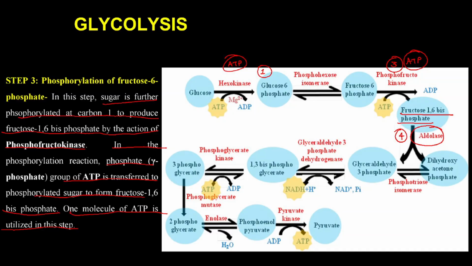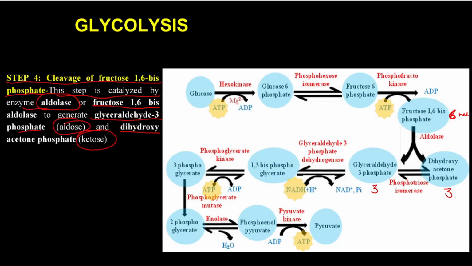So whenever a kinase is involved, as you can see in hexokinase and phosphofructokinase, it will indicate the phosphorylation. So this fructose 6 phosphate has a phosphate on it, so it is phosphofructokinase. Now the molecule that we got is fructose 1,6 bisphosphate. Okay, so this was step 3 and we have utilized two molecules of ATP till now.